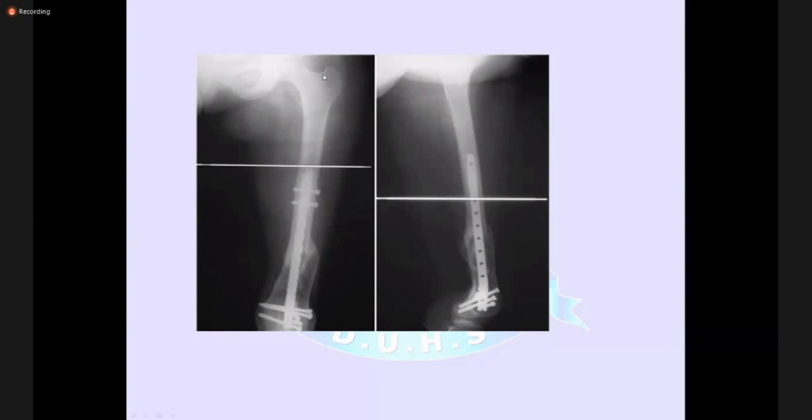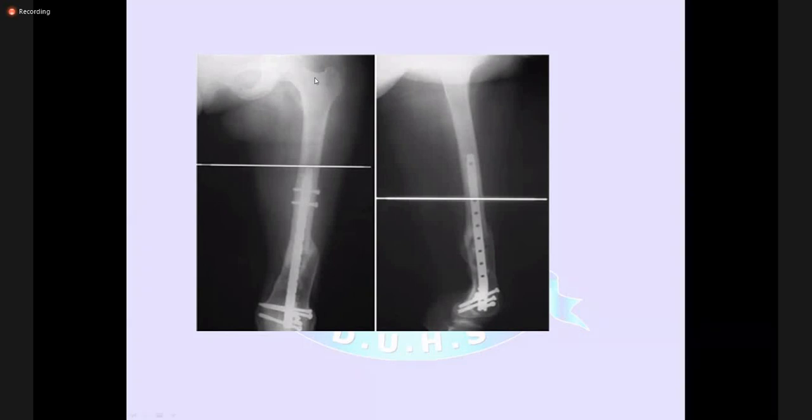If the nail is entered from the distal portion, in between the condyles of the femur around the knee, it is known as retrograde nailing of the femur. It is used for supracondylar and distal third femoral shaft fractures, which are not manageable by antegrade nailing. What is antegrade nailing?